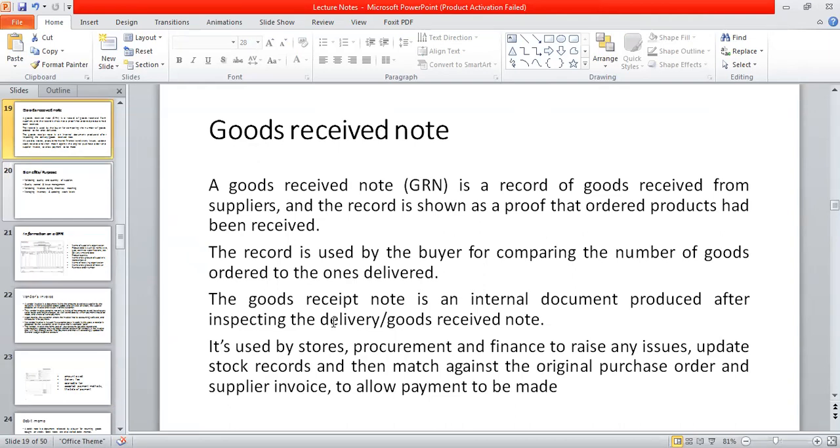But in the process, they also fill in the goods received note. This goods received note is actually an internal document, which is initiated by the procurement office or the receiving officer after physically taking and identifying the goods delivered.